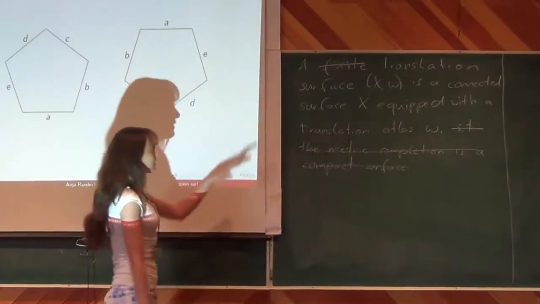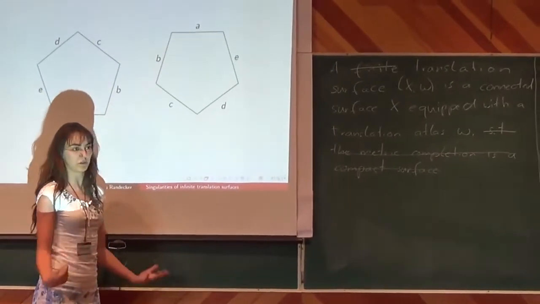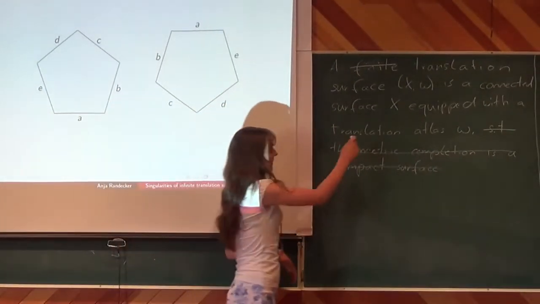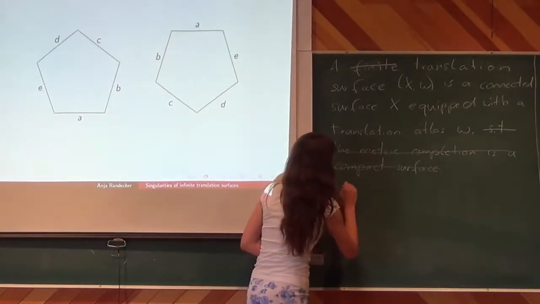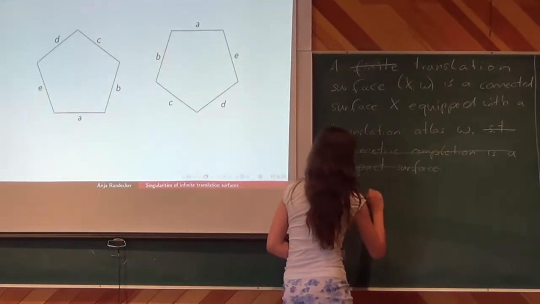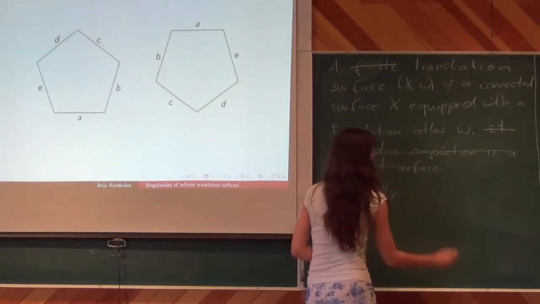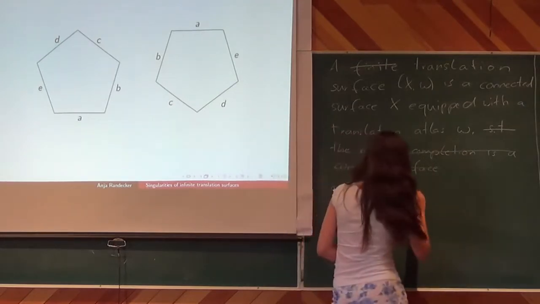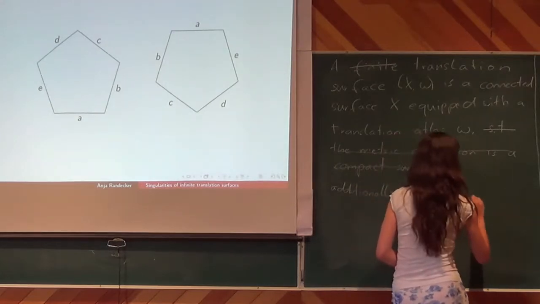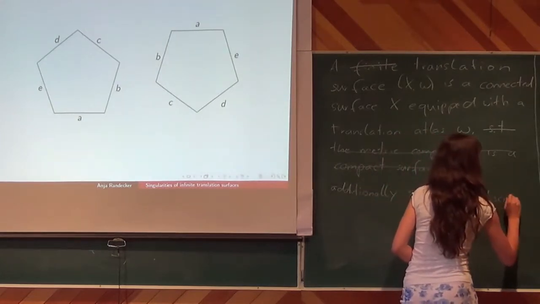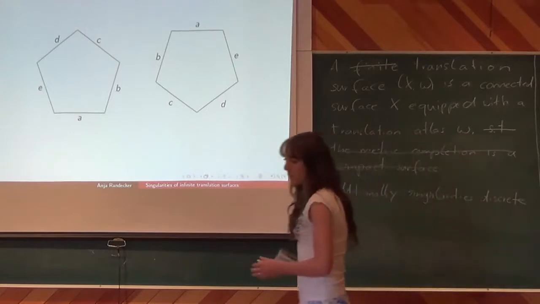So for me, a translation surface is a connected surface with a translation atlas, and what I additionally want is that the singularities shouldn't be too bad. They should be discrete. So that is the set up.